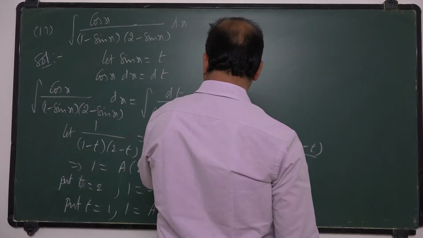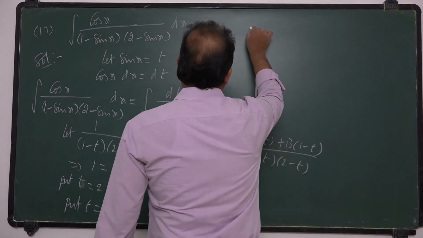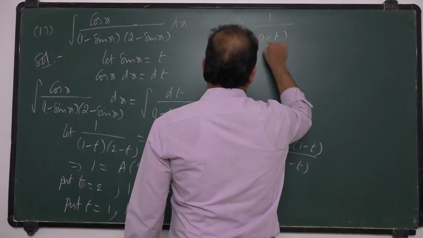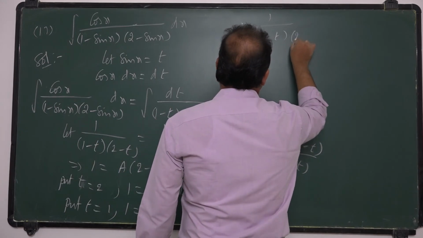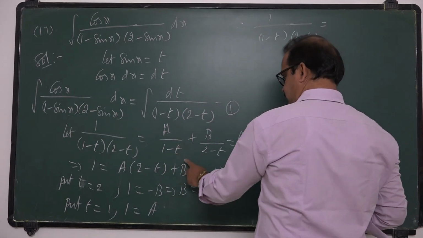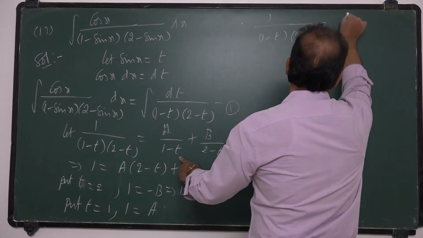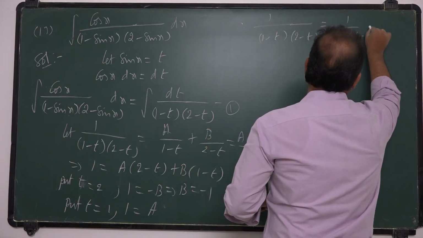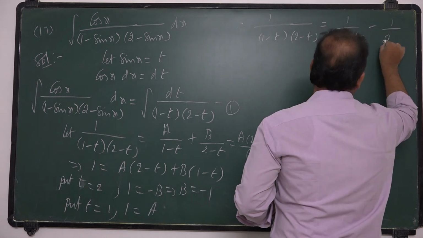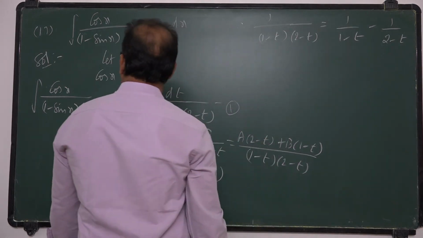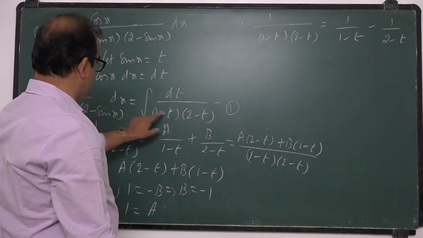You substitute a value and b value here. 1 by 1 minus t into 2 minus t is equal to a, 1 by 1 minus t, b value minus 1 by 2 minus t. Integral of the given problem is this.